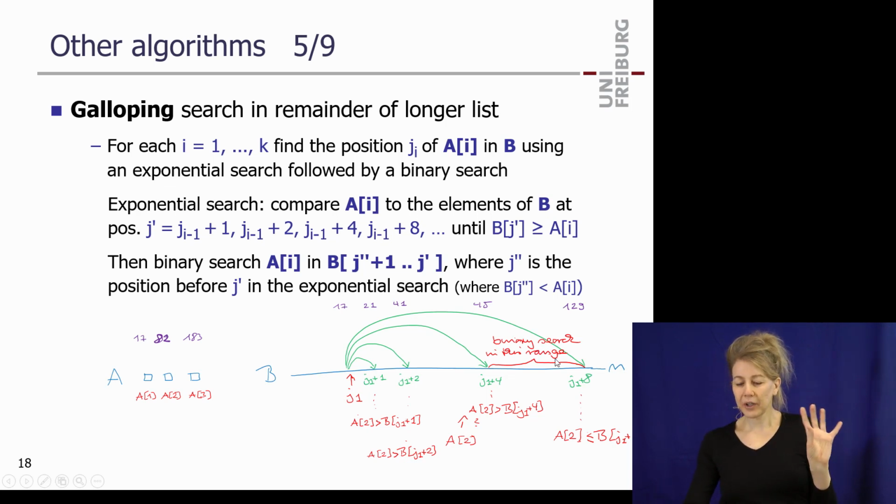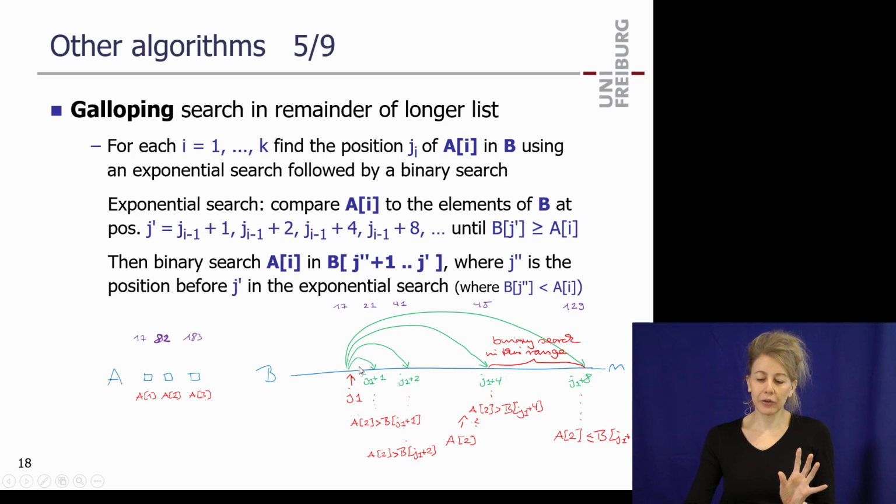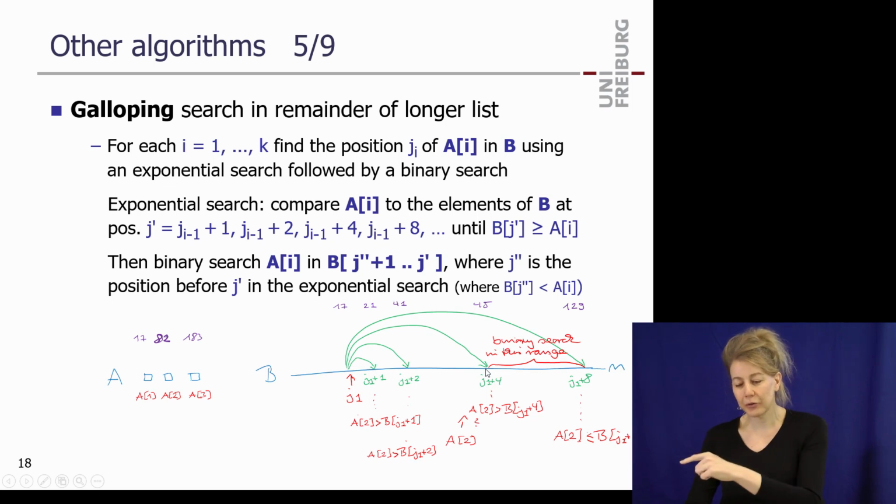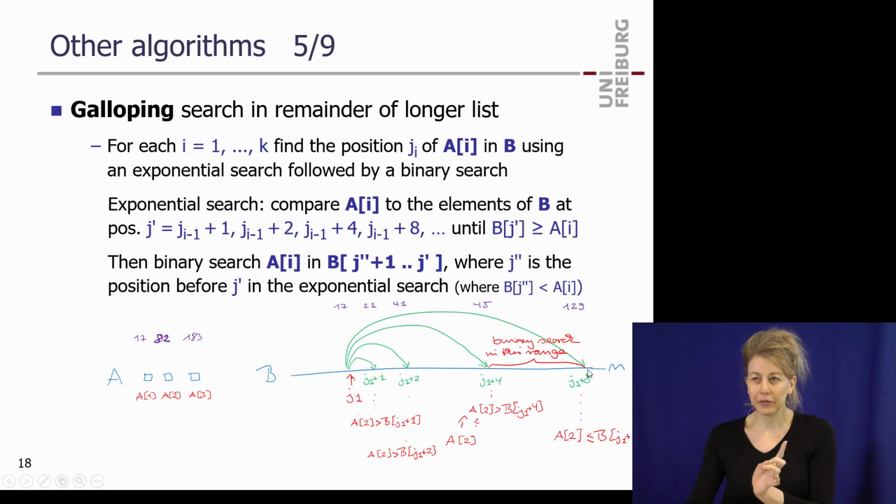Anyway, I think the idea becomes clear. You're probing at selected positions which are at an exponentially increasing distance from the location of your previous element. At some point you find, okay, the element I'm looking for is to the right of this, but to the left of this.